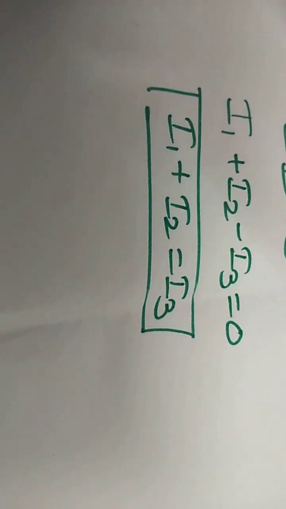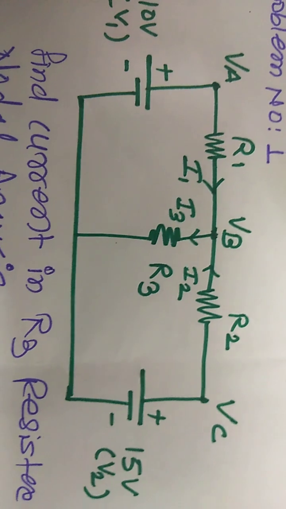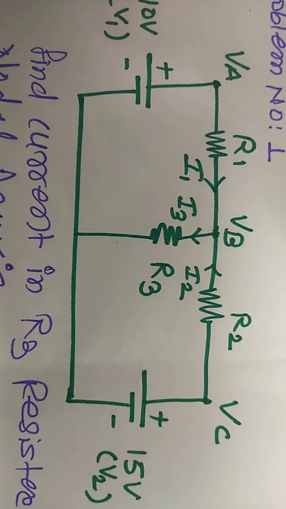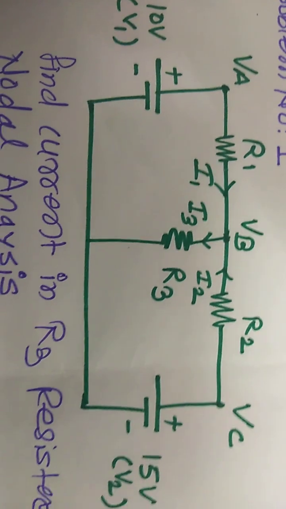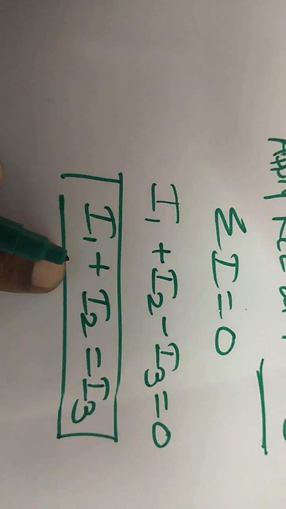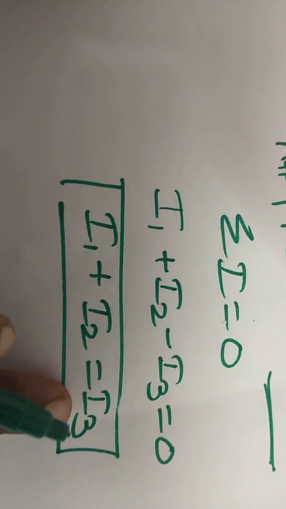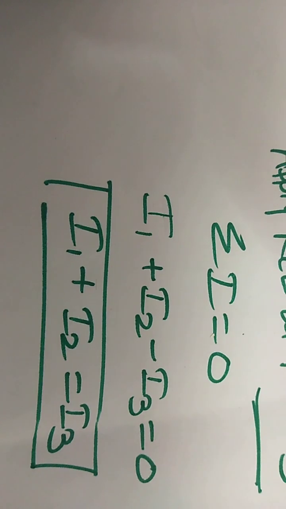This equation shows that incoming current is equal to outgoing current. Means at node VB there are three currents: I1 and I2 are incoming currents and the outgoing current is I3. If the addition of I1 plus I2 practically matches the value of current I3, then Kirchhoff current law is proved.